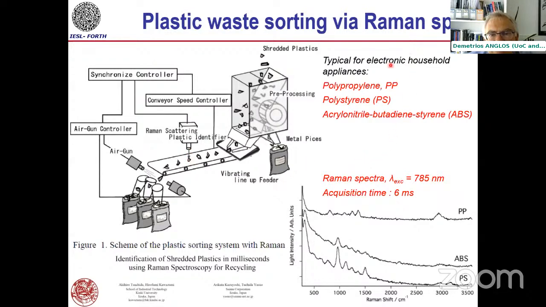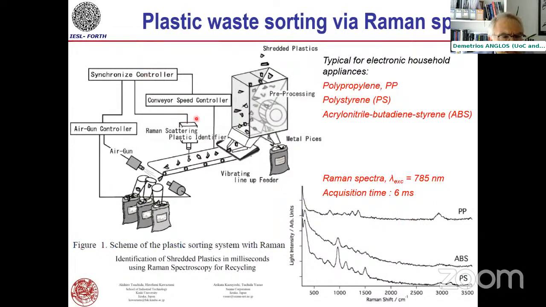For typical electronic household plastics like polypropylene, polystyrene, or ABS, you can see the spectra that the authors of this paper have shown, and it's possible to differentiate among these three spectra using certain algorithms.